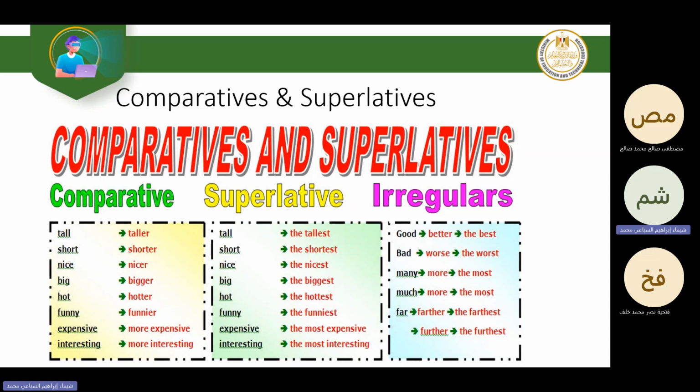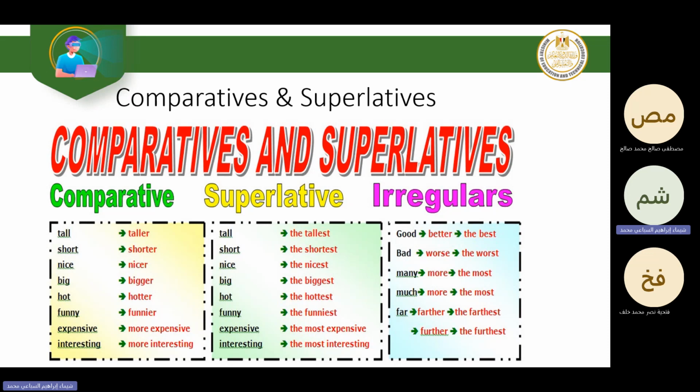Like tall, it will be taller. Short, shorter. Nice, nicer. And here nice ends with E, so we add only R, okay? Big, bigger. We double here the last consonant because we have I before it. It's a vowel, of course. Hot, hotter. Funny, funnier. Y turns to I, then we add ER.